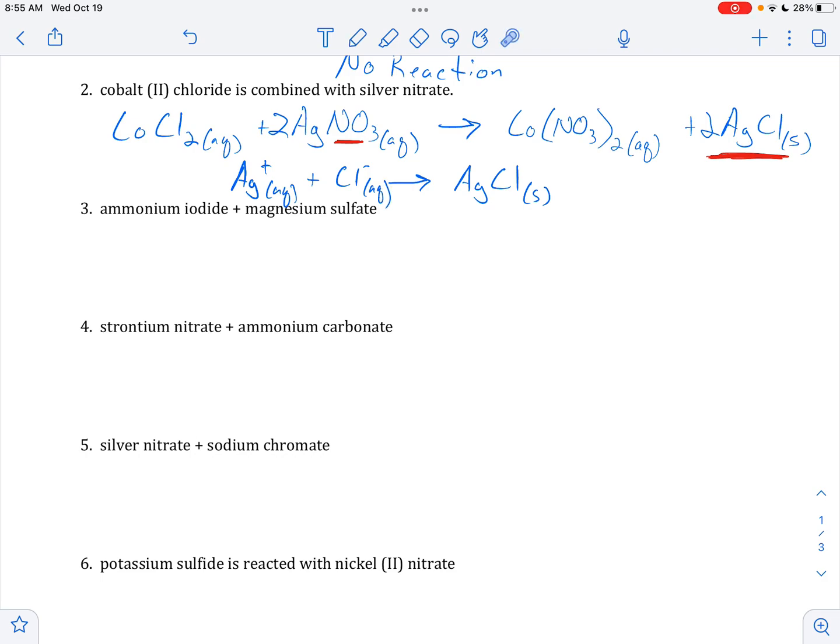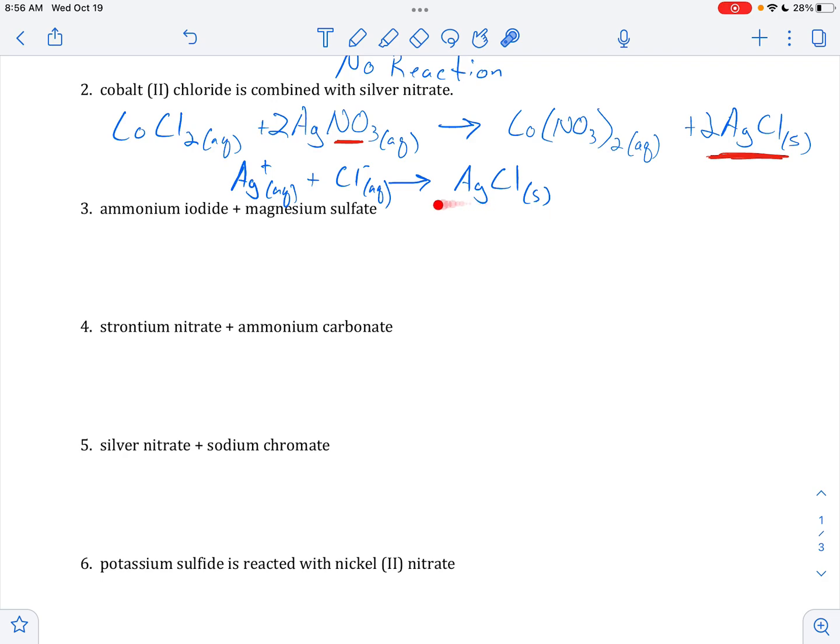Now, I want you to notice that my reactant side are aqueous ions. So I'm including the charge and I'm including aqueous, both on the cation here and the anion here. We have those charges and they're both aqueous. Then they form a compound on the product side, and that compound is a solid.